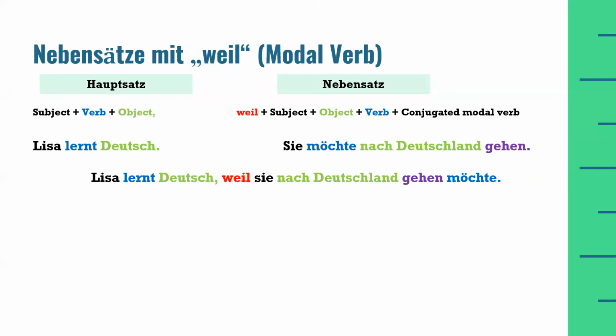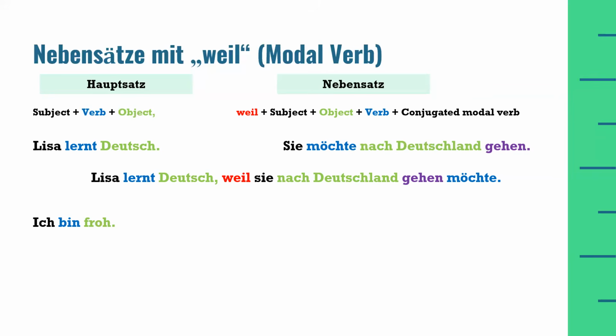Now, gehen is the infinitive form, and because we are using a modal verb, therefore the main verb will always remain in infinitive form, and at the last position we have to use the modal verb, which we have to conjugate with respect to the subject of the Nebensatz at the second position, which is sie.